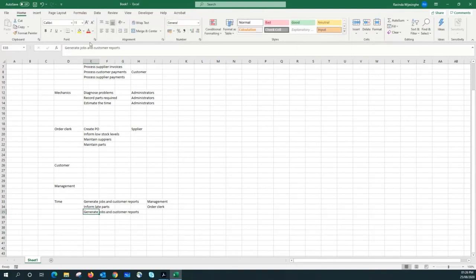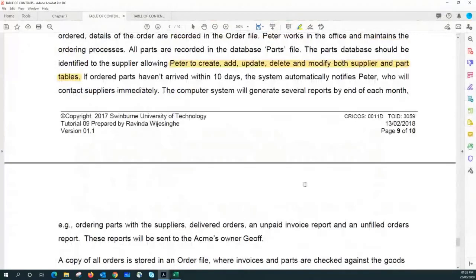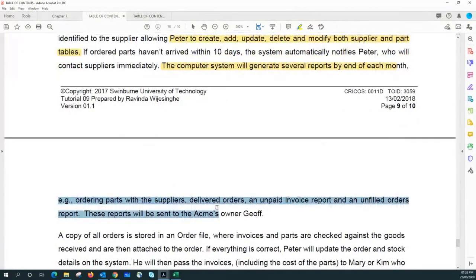Generate, say, supplier and parts reports. So let's assume all these are handled by that use case. Okay.